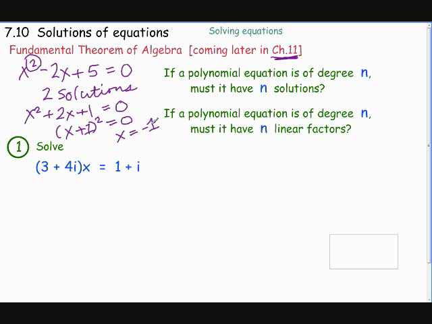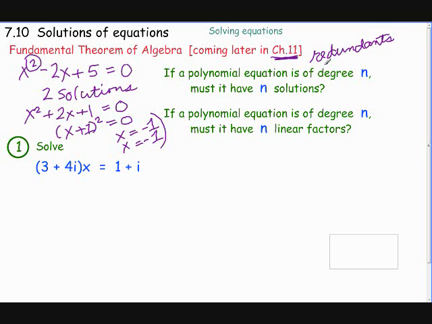And that certainly looks like we had a degree 2, but we didn't get 2 solutions. But the truth is, we actually had 2 instances of x equaling negative 1. So when we say that a polynomial equation will have the same number of solutions as its degree, we are considering redundant solutions like we had in this second example down here.